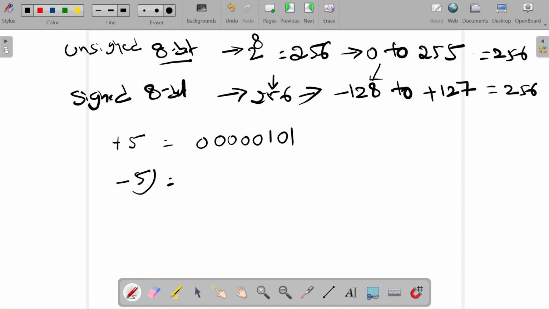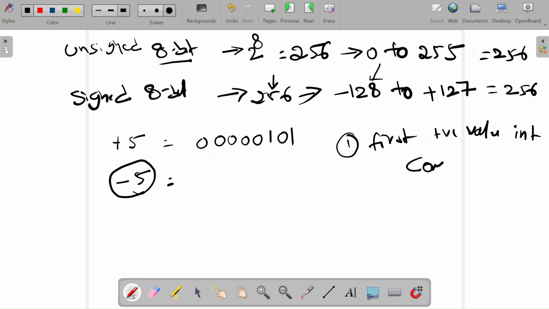Any negative number can be converted to binary in two steps. First convert the positive value, complement it, then add 1.